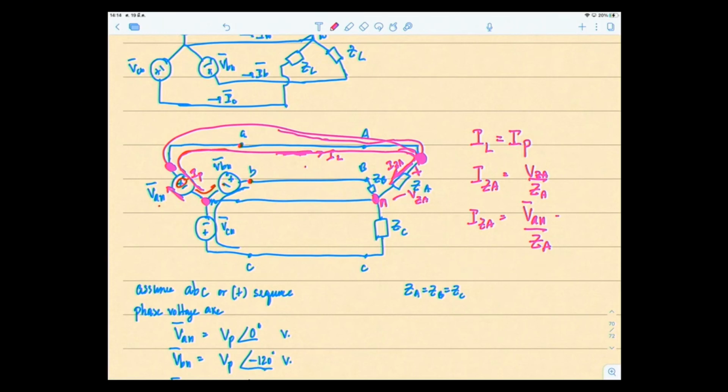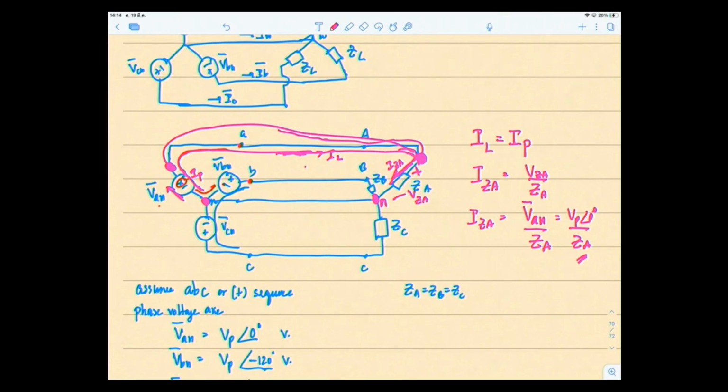And of course, you know VAN from the problem given to you, which is V phase at 0 degrees divided by ZA. So you can get both the line current and phase current from this formula.